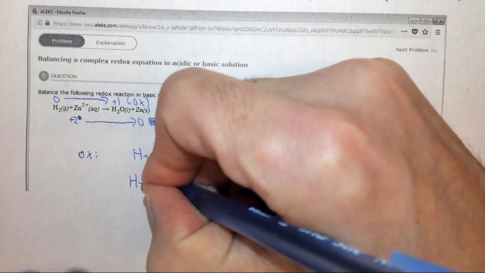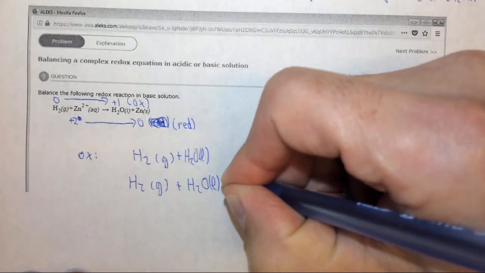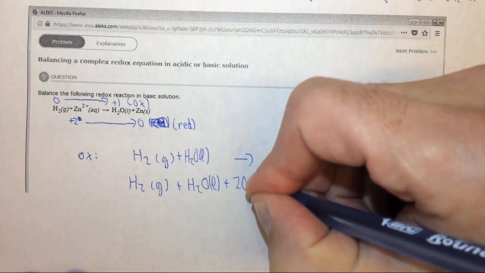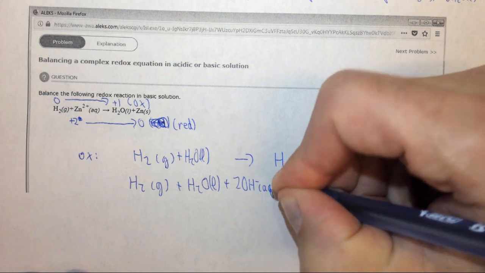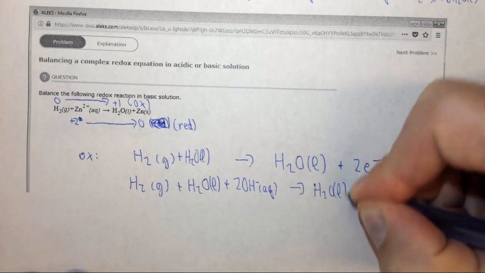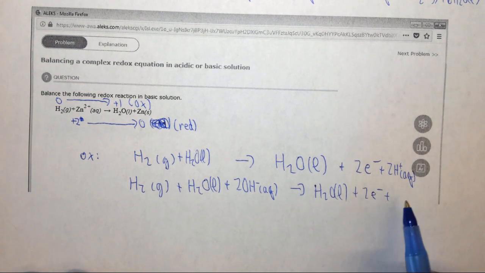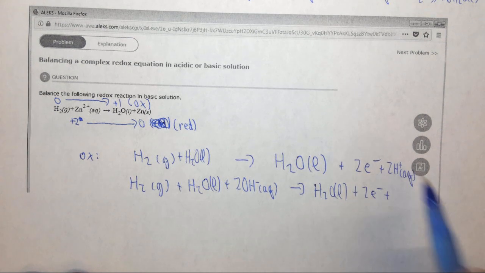So if we take this, we get hydrogen gas plus H2O liquid plus 2 OH minus aqueous yields H2O liquid plus 2 electrons plus, now we're going to take OH minus and add it to H plus.